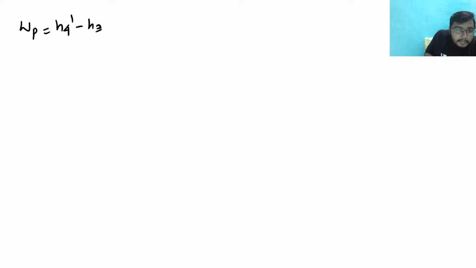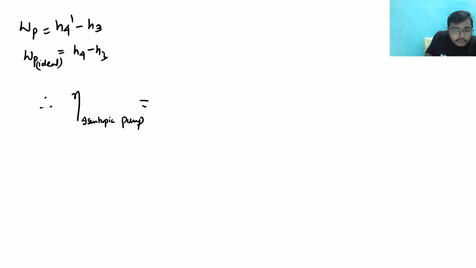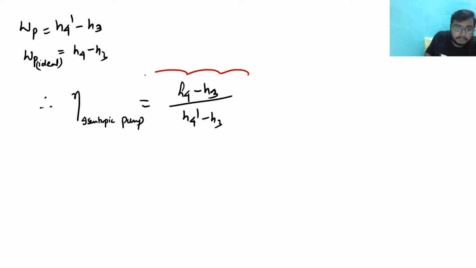Now the work done by the pump in the ideal case would be H4 minus H3. So therefore, isentropic efficiency for pump is equal to H4 minus H3 by H4 dash minus H3. So these are the two things that you should remember.